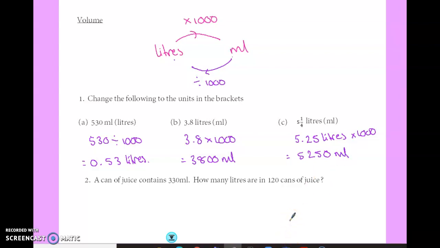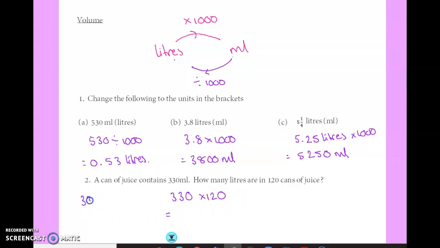Question 2. Can of juice contains 330 millilitres. How many litres are in 120 cans of juice? So I'm going to do 330 times 120. I might need to give in and get my calculator here. What do you think? Now I'll do it without. So 330 times 120.